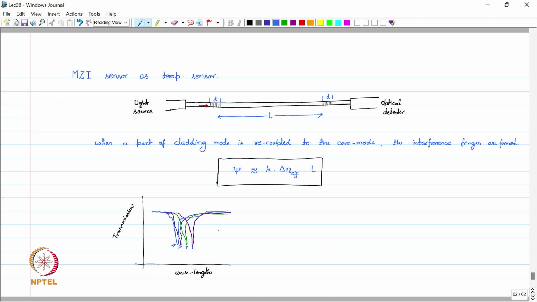If we are changing the temperature here, and if we plot this wavelength as a function of temperature, which is our actual measurement, on the y-axis we plot the wavelength and on the x-axis we put the temperature.